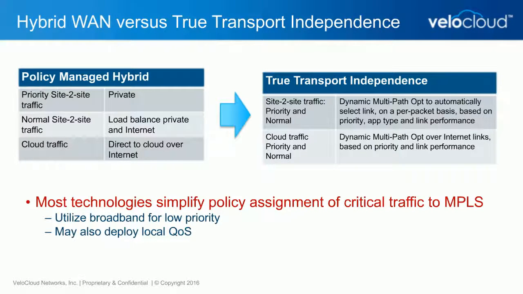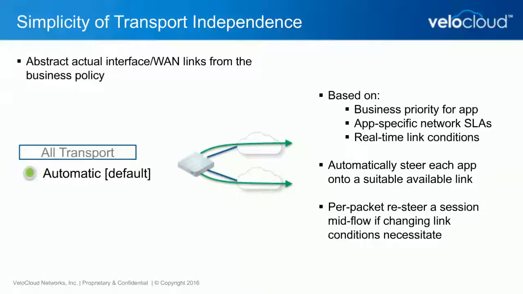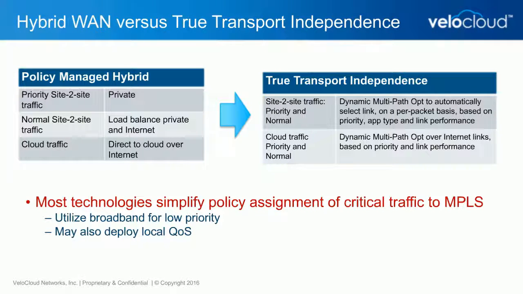And on the right-hand side, let some underlying technology automatically decide which resource to use and automatically put that traffic on the appropriate link based on the priority of the traffic, the links available, and the performance of the links, and do this for both corporate destined traffic as well as traffic to the cloud. So basically we're suggesting not to use this manual static policy assignment of specific links, as on the left, to try to manually tune or optimize performance. We want performance to be achieved automatically.